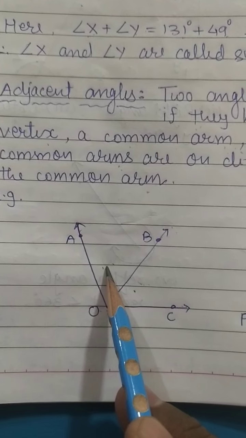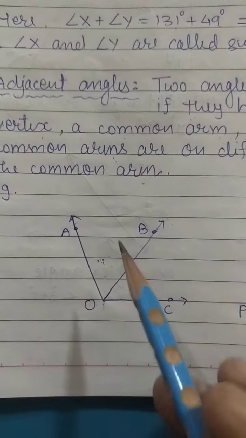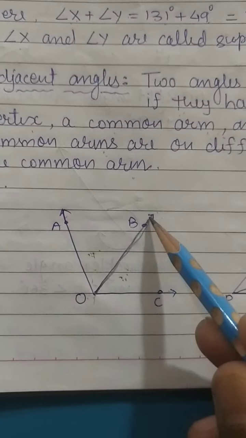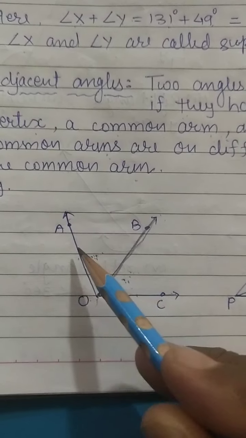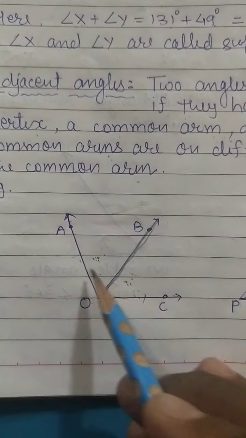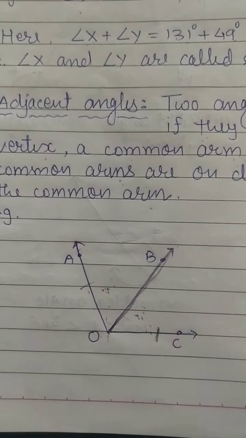Adjacent means you can also say nearby angles, which are separated from a common arm. This arm is common in both the angles, you can check, and the remaining non-common arm is a different one, right?